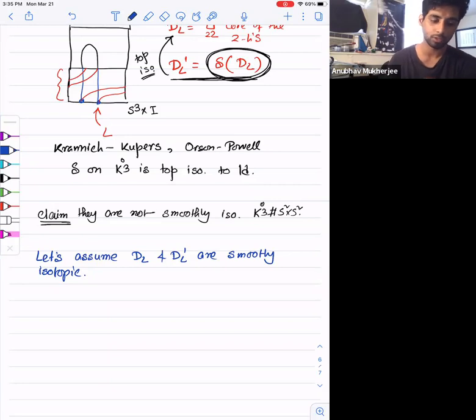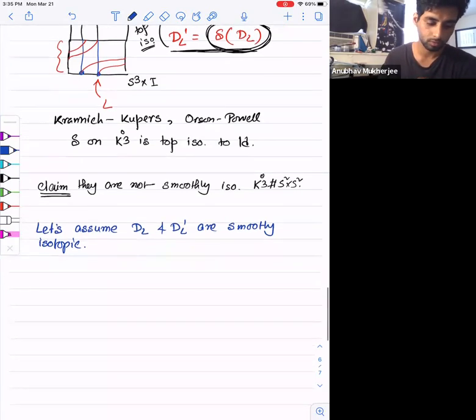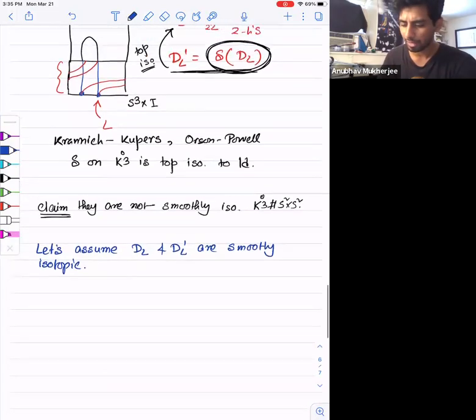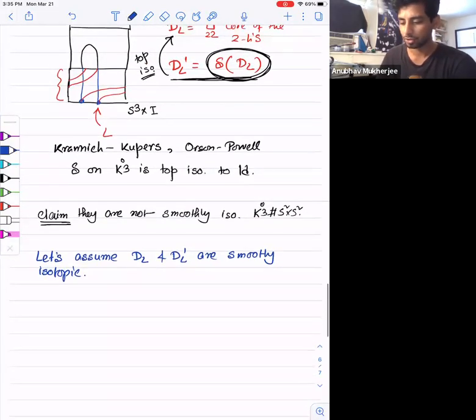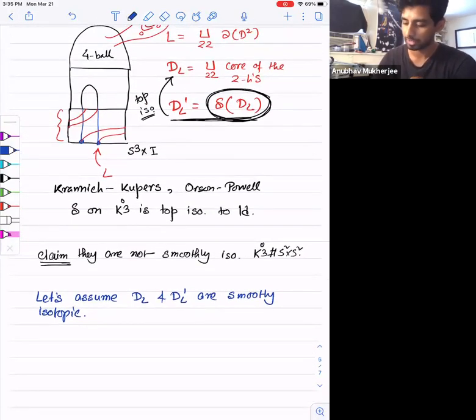So if they are smoothly isotopic, I have this diffeomorphism delta on punctured K3 connected sum S2 cross S2, right?